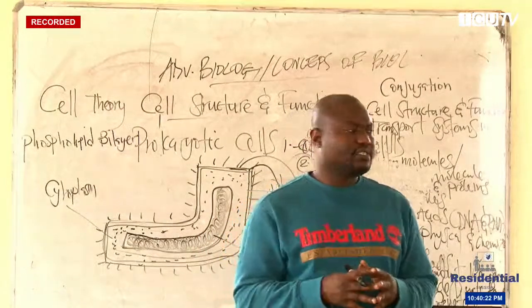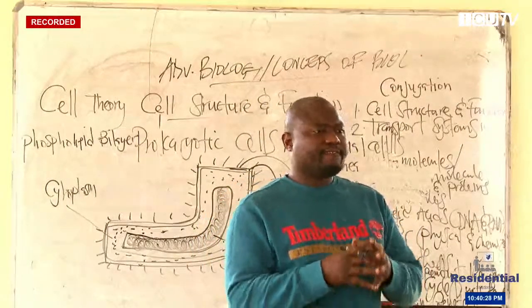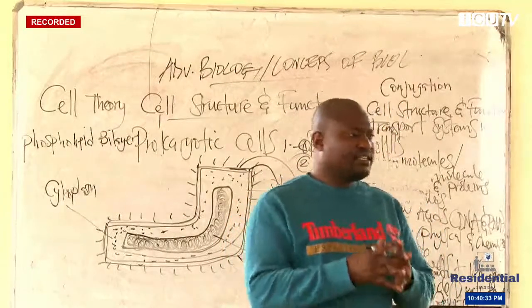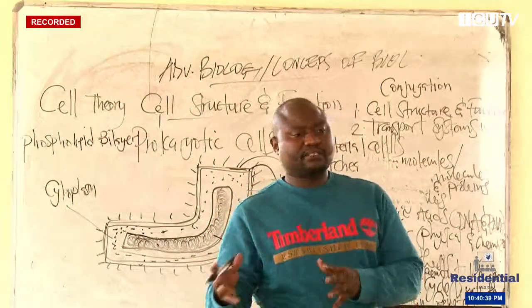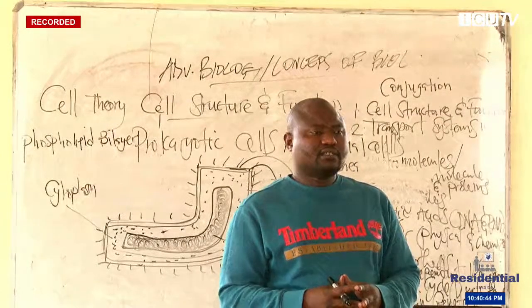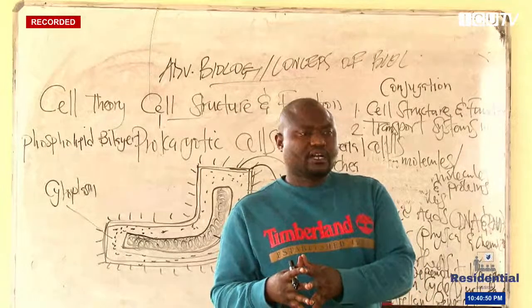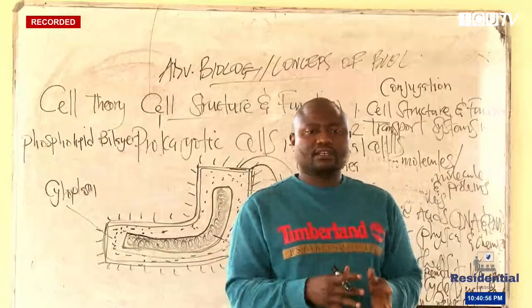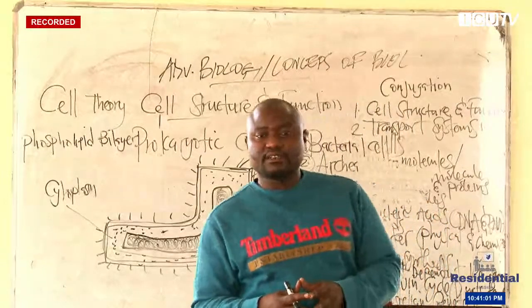It must be mentioned that in prokaryotic cells, the DNA is housed in the nucleoid region. You will see when you start looking at eukaryotic cells like the plant cell and animal cell that there is a difference in where the DNA is housed. In the eukaryotic cell, it is housed in the nucleus.